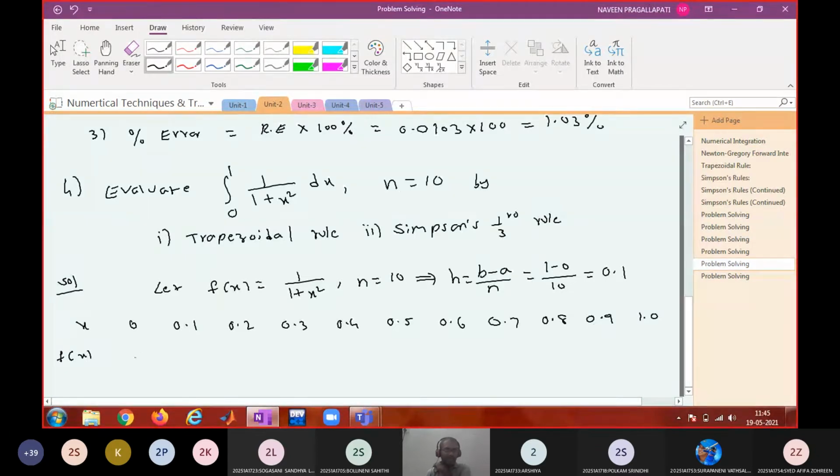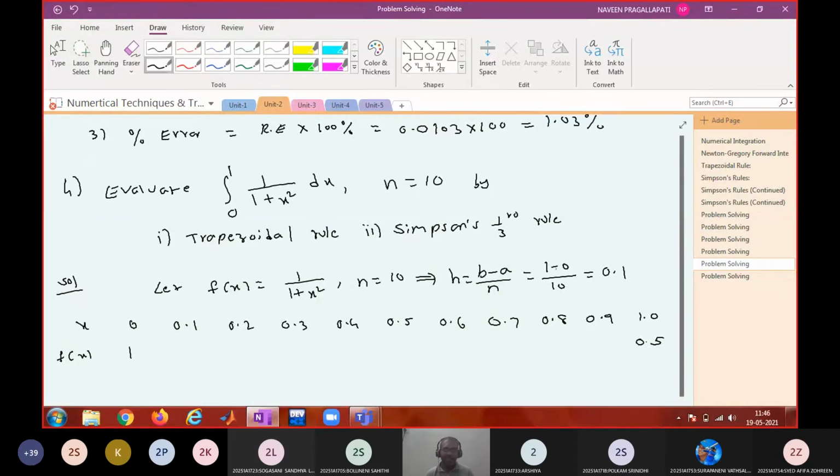For x equal to 0.1, it is 1 by 1 plus 0.1 whole square. I know only the first value and the second last value.